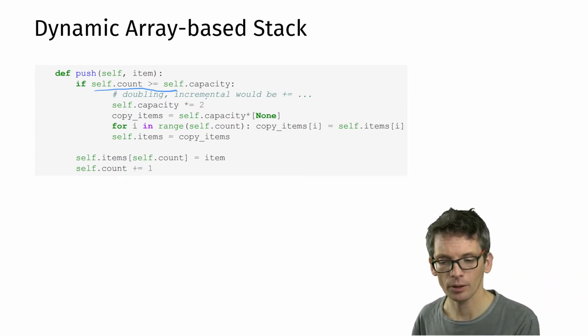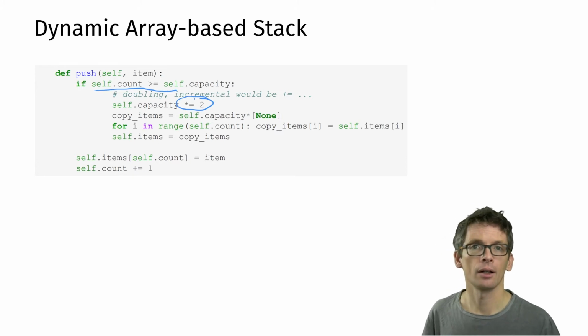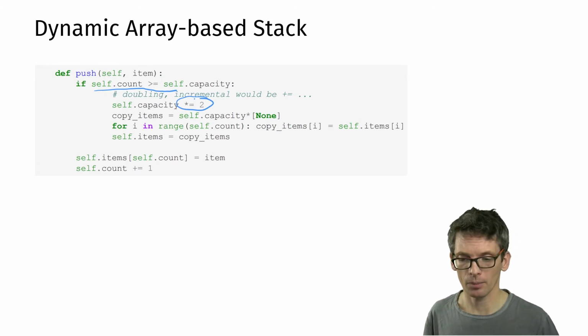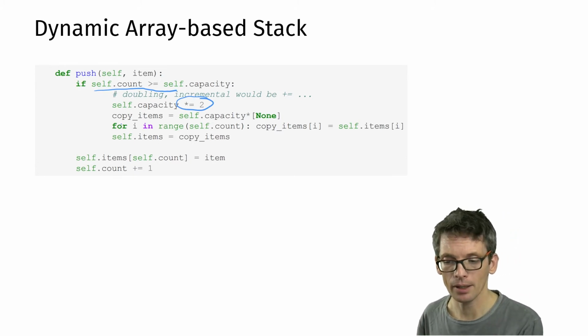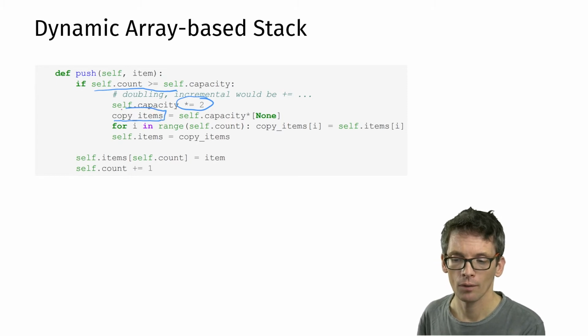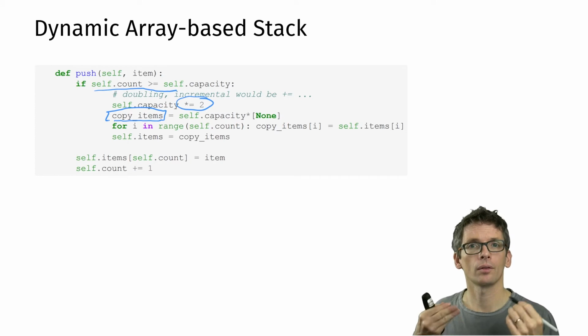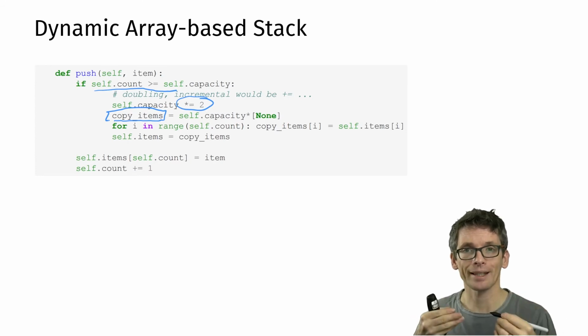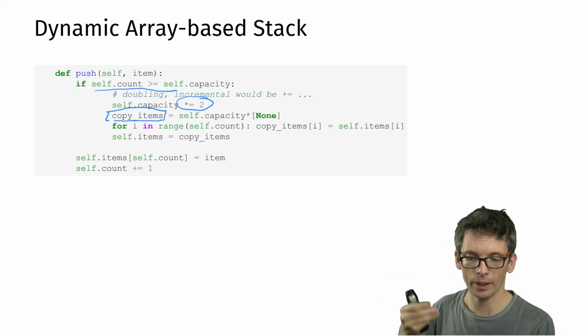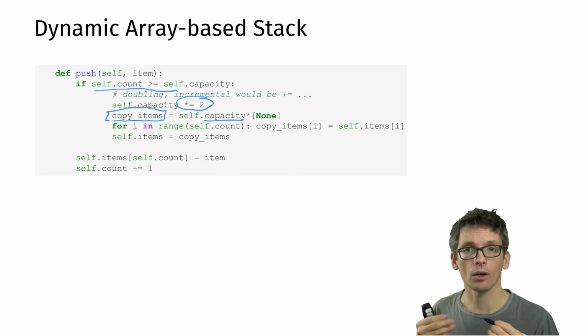For the doubling strategy, I multiply the capacity by 2. I make a new array of twice the size, and twice the size, because I already increased the capacity, is now of size capacity.